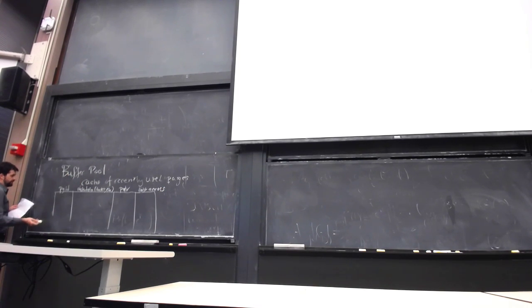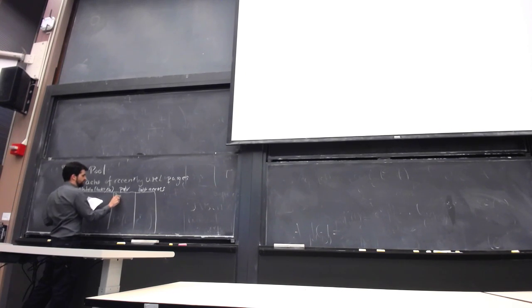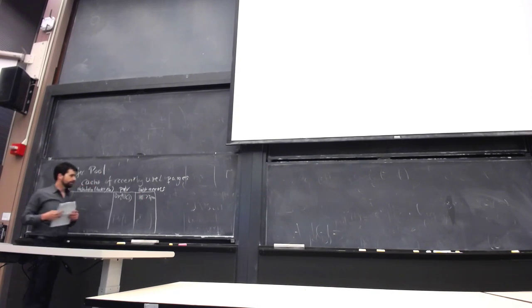So pages like page ID 1, page ID 2, and we'll talk about what this lock information looks like when we get to transactions. A pointer to some location in memory, and maybe a last access time. So we might have some information about the last time somebody read or wrote or both a given page.